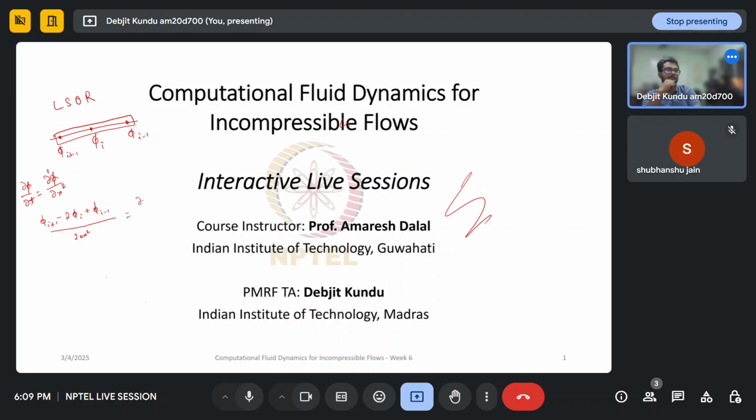In that case, this will be (phi i at k plus 1 minus phi i at k) over delta t equal to this whole thing, and all these will be at k. So in line successive over relaxation, you take all of these at the n plus 1th value, and you try to solve all of them together.